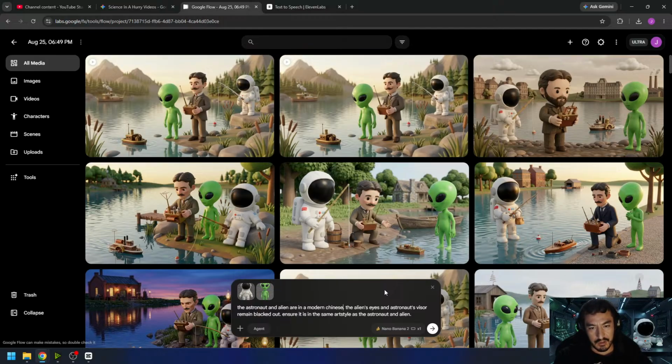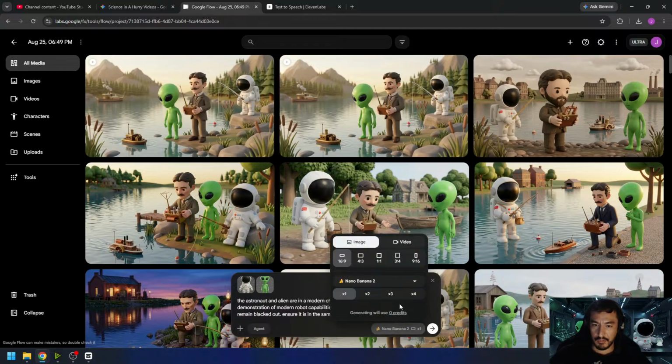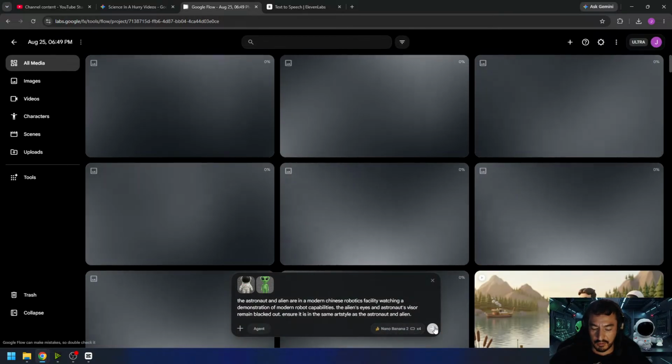Astronaut and alien are in a modern Chinese robotics facility watching a demonstration of modern robot capabilities. See what kind of robots it shows us.